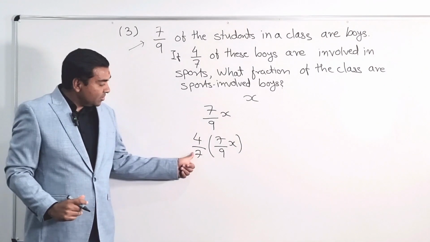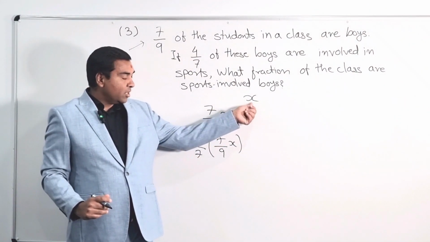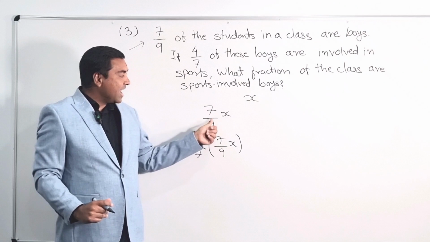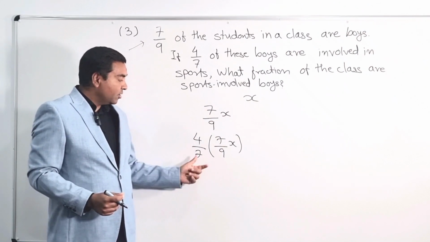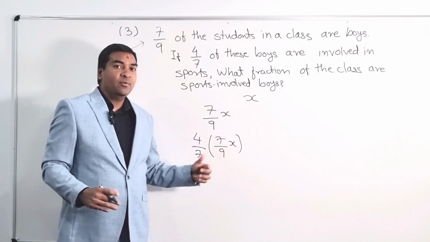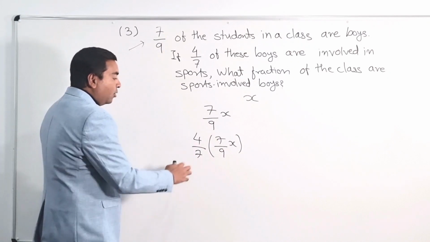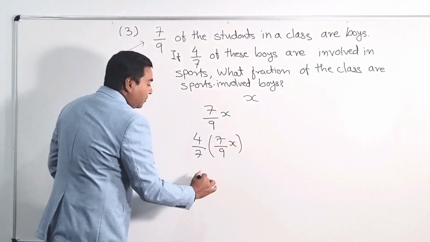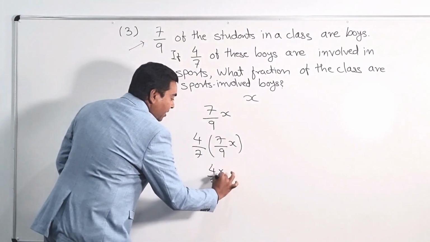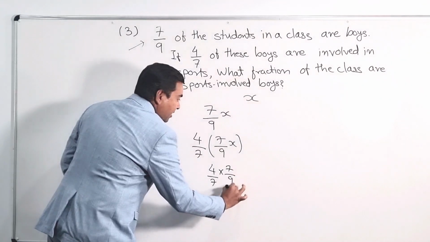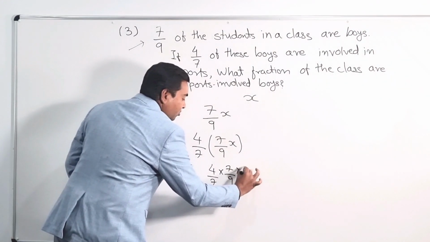So x is the total number of students, 7/9x is the number of boys, and 4/7 of the number of boys are involved in the sports. So now this is nothing else but just a multiplication. So I can just do 4/7 multiplied by 7/9, and x also gets multiplied here.